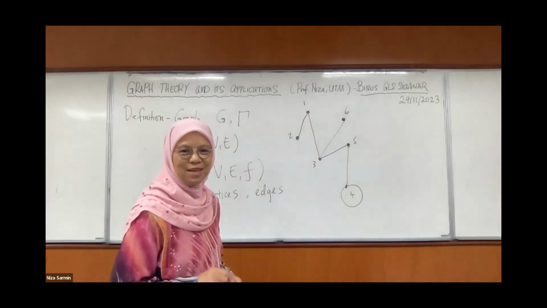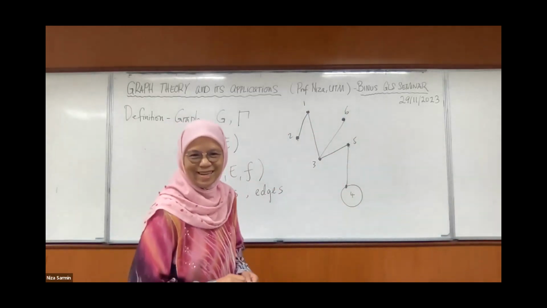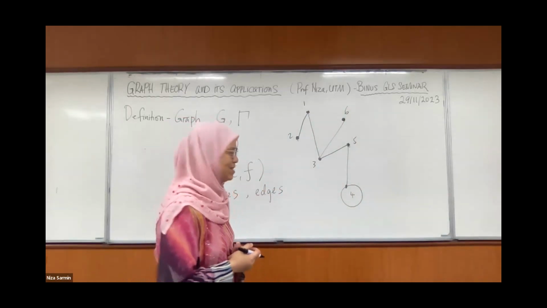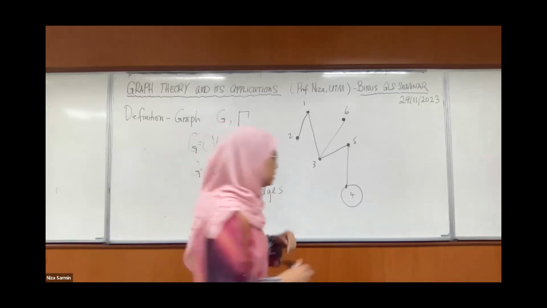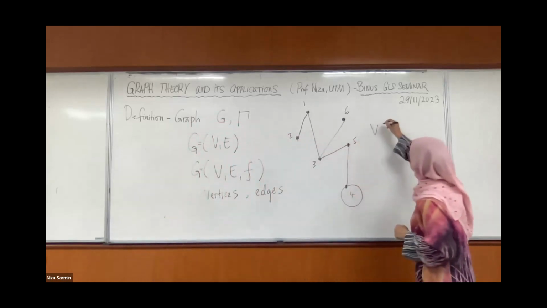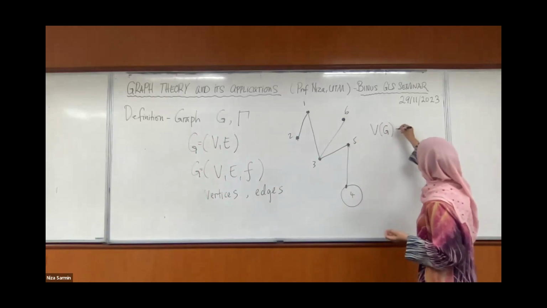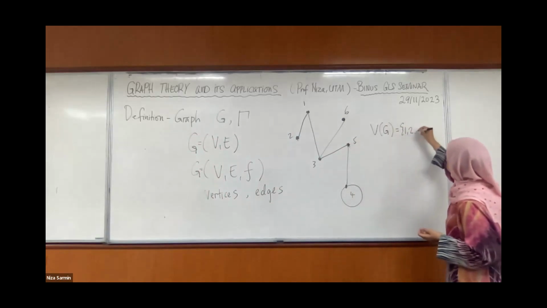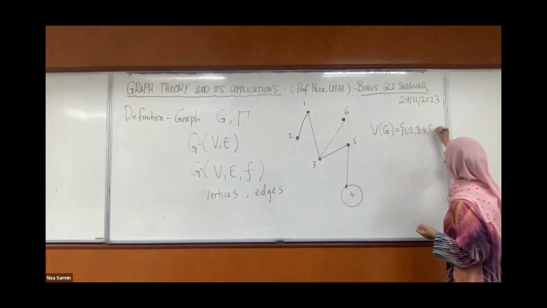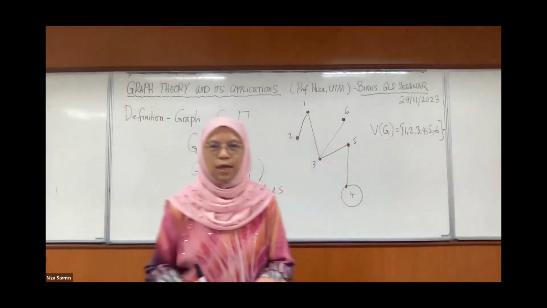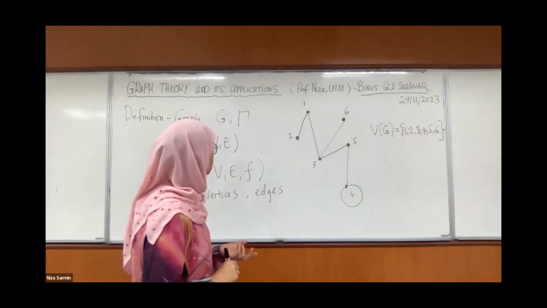You can put it in the chat, but I cannot really see. Somebody has to turn on the sound. We have 6, so maybe we call it a graph G. So we have 6 vertices and how many edges?